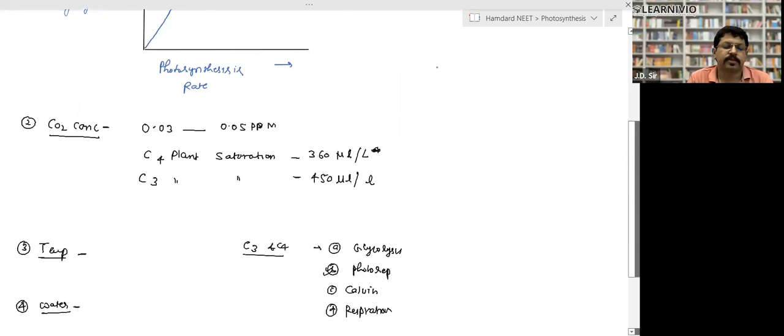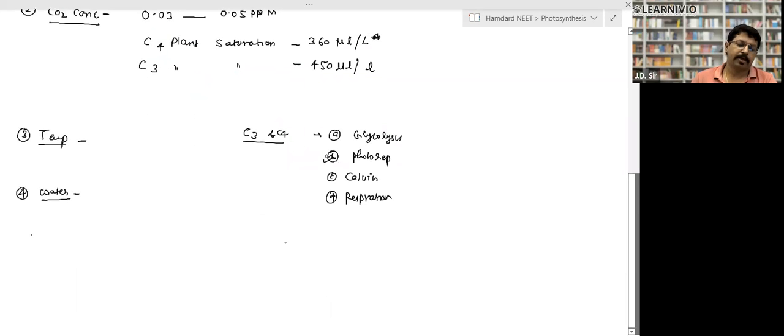Next, carbon dioxide concentration. Let me check with your textbook. What is the next factor? Yes, carbon dioxide. So now it comes to carbon dioxide.